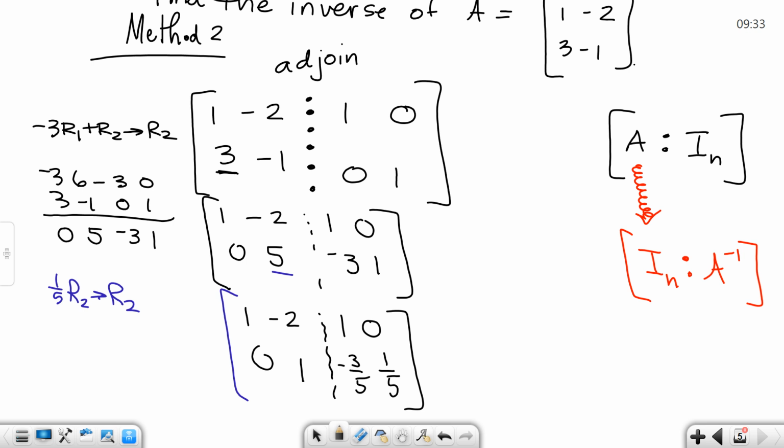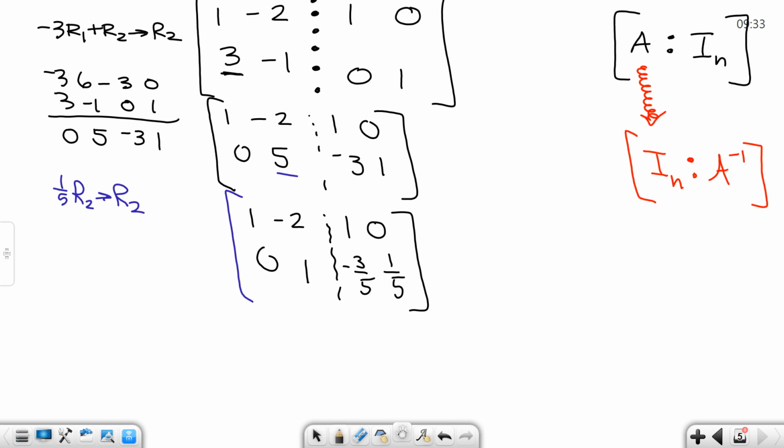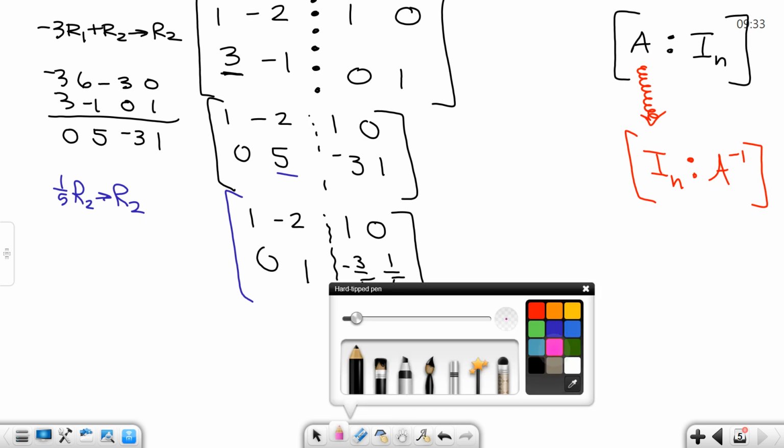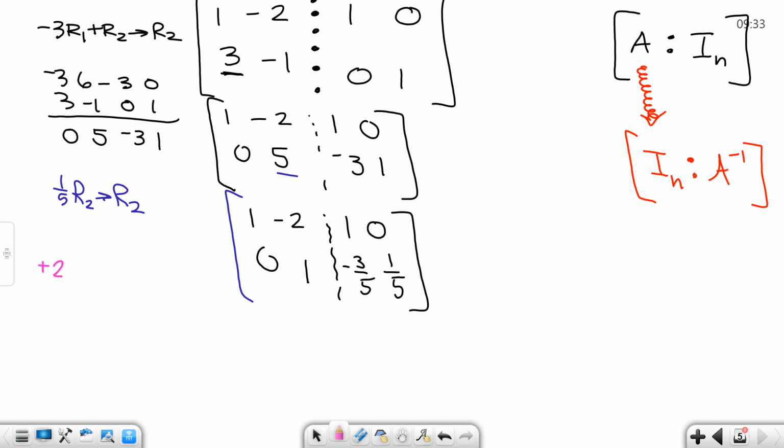So now we're in row echelon form, but I need it to be in reduced row echelon form, which means I need to get rid of the 2. If you do it this way, you are going to have fractions. So you're going to say positive 2 row 2, add that to row 1, and that's going to give you a new row 1.